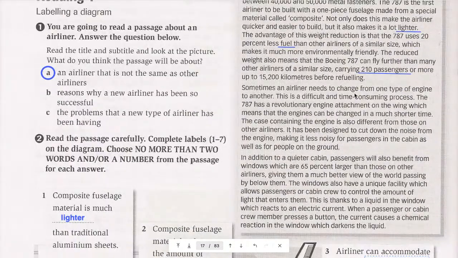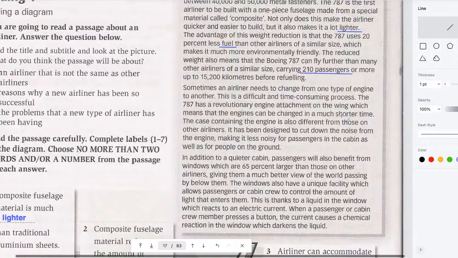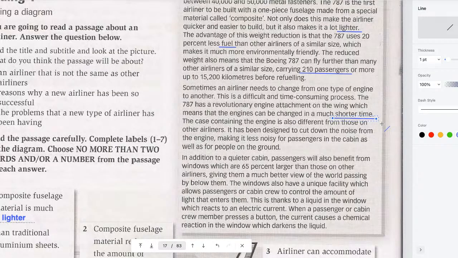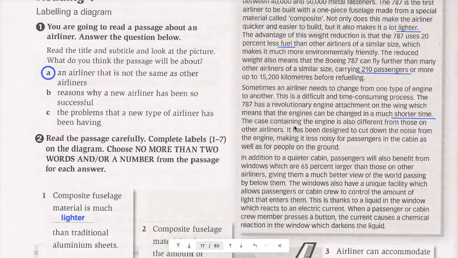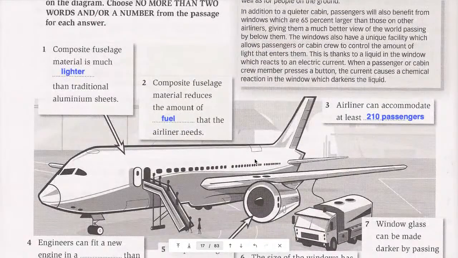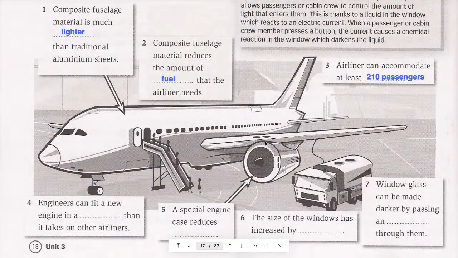And number one. I don't understand why you have little time here. Number four. Okay? Which means that the engines can be changed in a much shorter time. Yeah, so why don't you write shorter time? Why do you write little time? That's the same meaning. Very good.